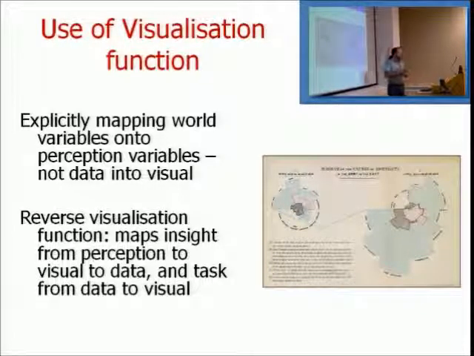And the other is that we can take this visualization function and reverse it in our analysis of perception of graphs. You can take the insight, what you found, and use the same visualization function to see where it is in the graph. What the analyst has found in data terms, how does it translate to visual terms?